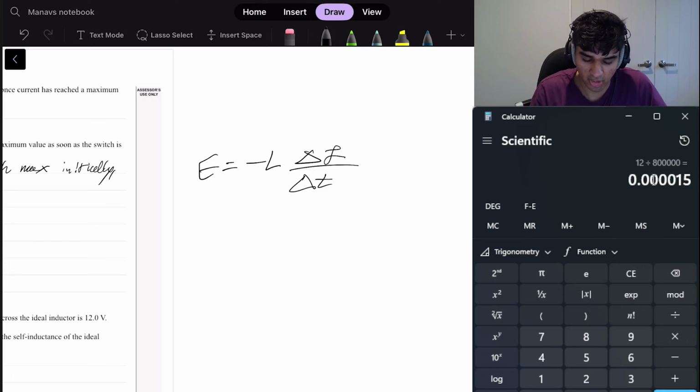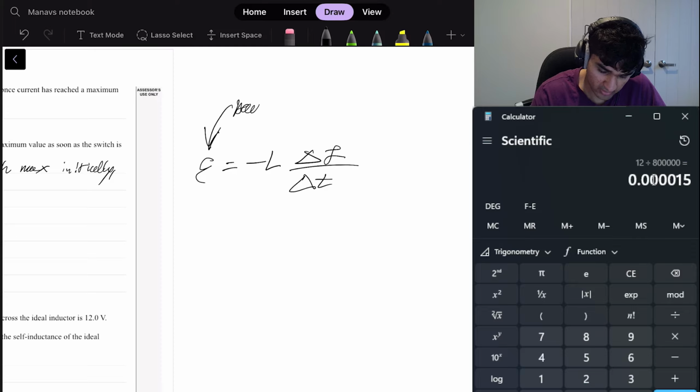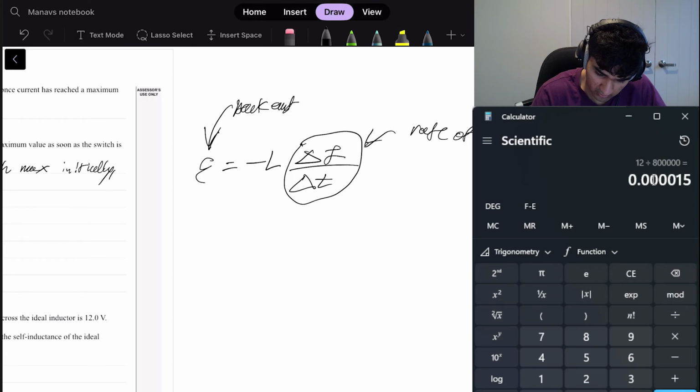A large change in current over a short period of time would generate a large back EMF. Okay, this is epsilon, by the way. And this is pretty much just a rate of current change.